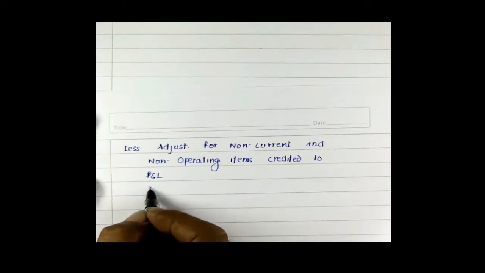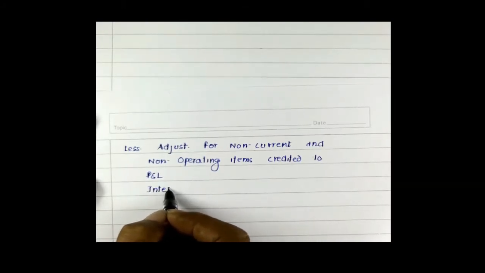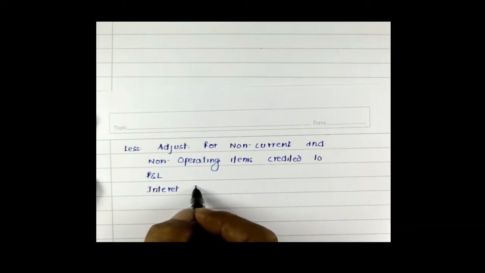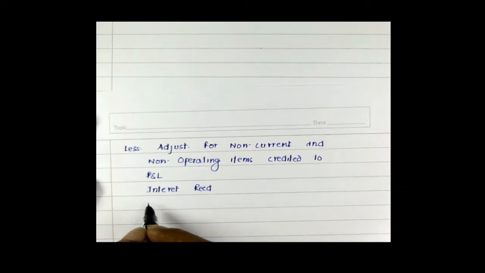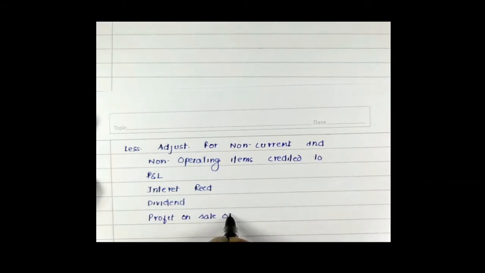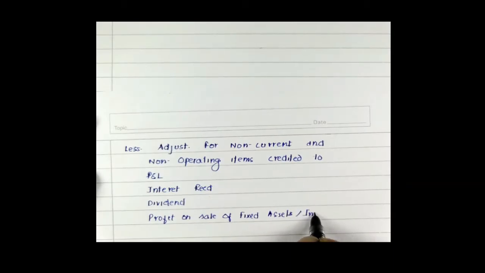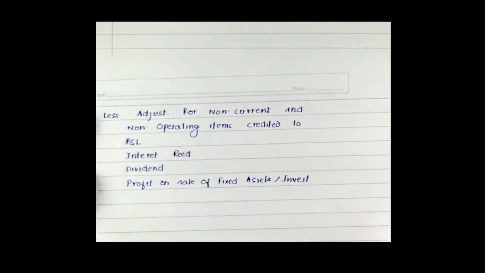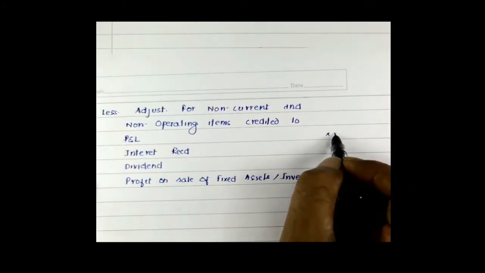Like interest earned, dividend, profit on sale of fixed assets or property, plant and equipment, whatever you may like to write, and investments. So we shall subtract these items.